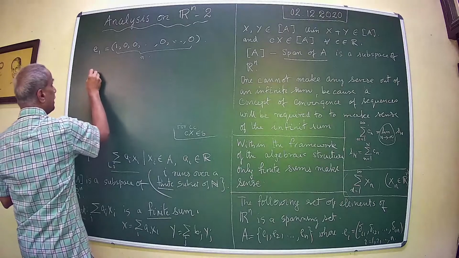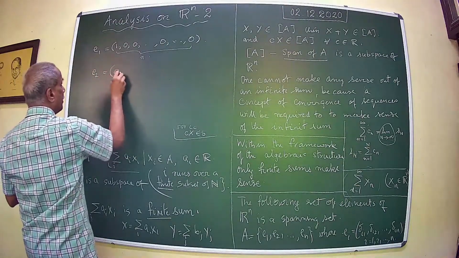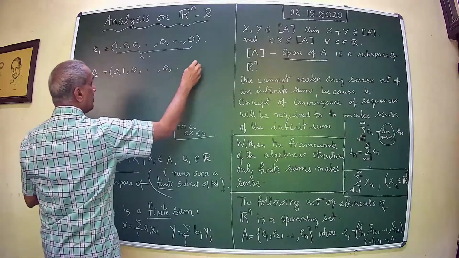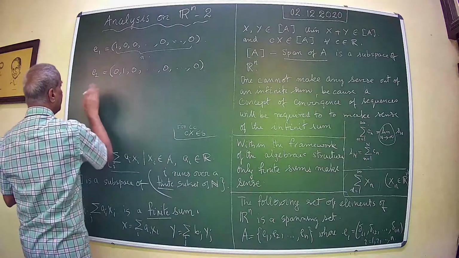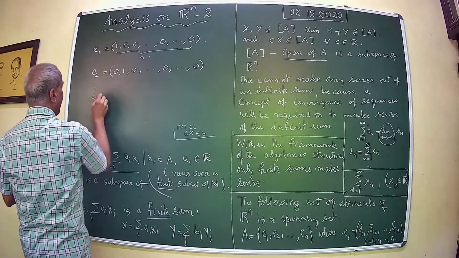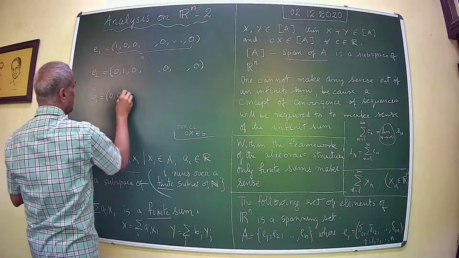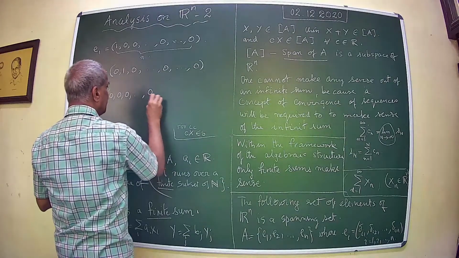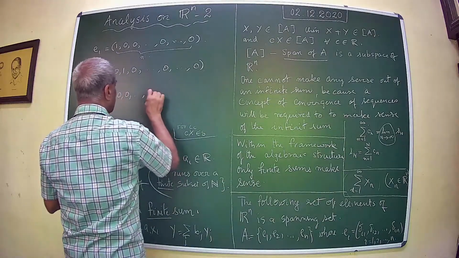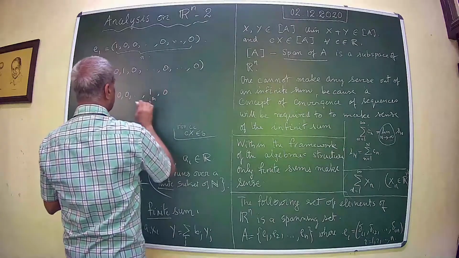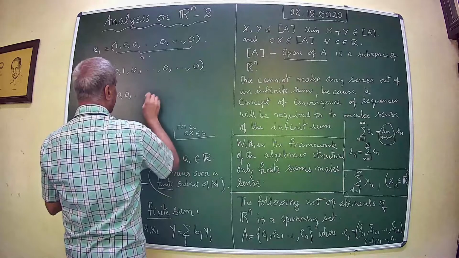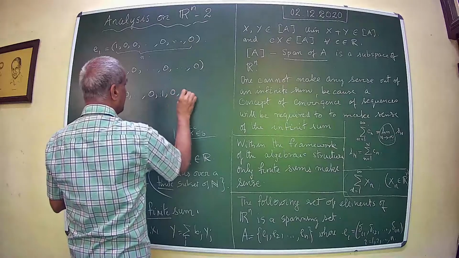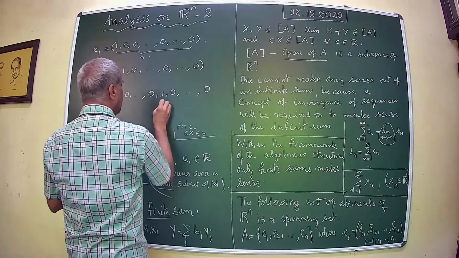Similarly, e_2 will be 0 in the first place, 1 in the second place, and 0 elsewhere. e_i is 0, 0, up to 1 in the ith place, and then 0. So this is the ith place.